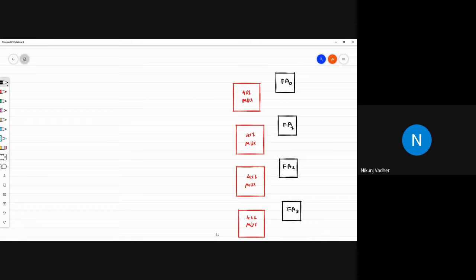This will have two inputs, as we have discussed previously.